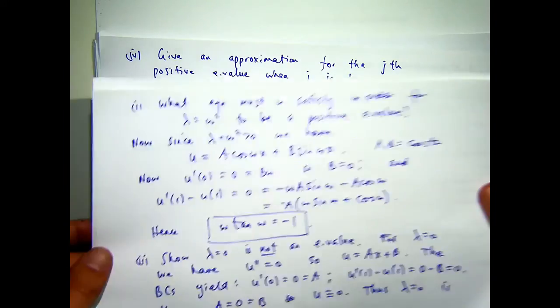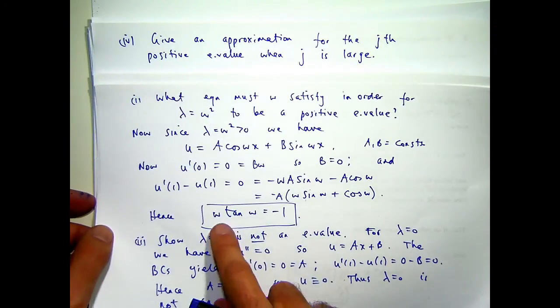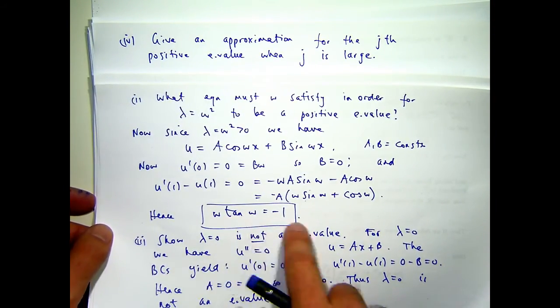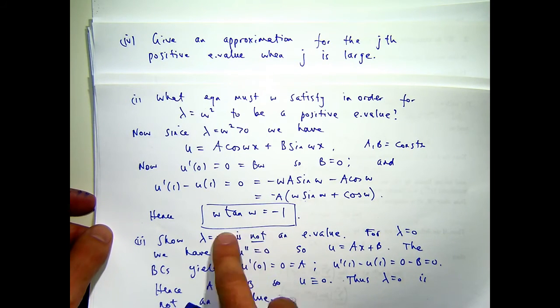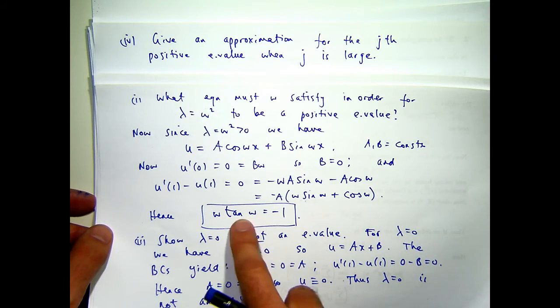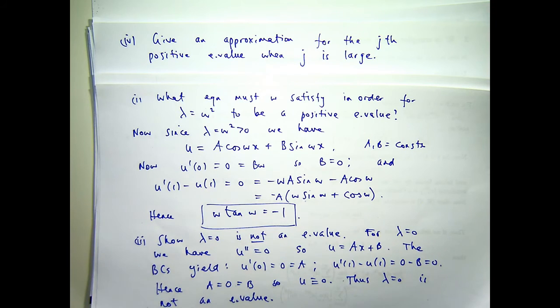From our work on part 1, this is our equation of interest. Essentially what I've done with this graphical approach in part IV is to sketch the tan function, sketch -1 on omega, and then see where they intersect.